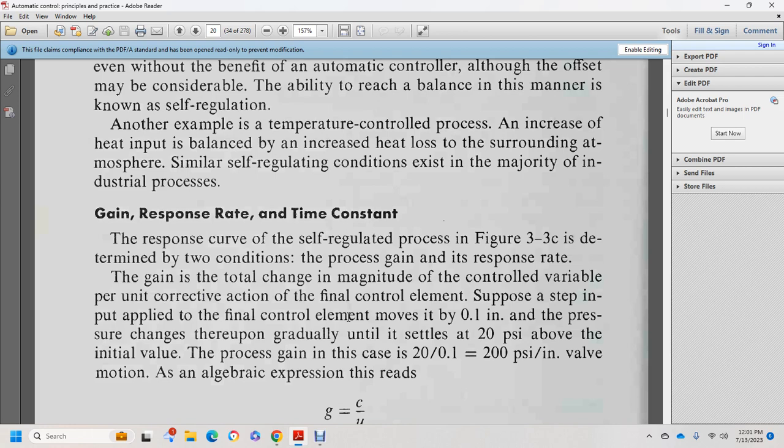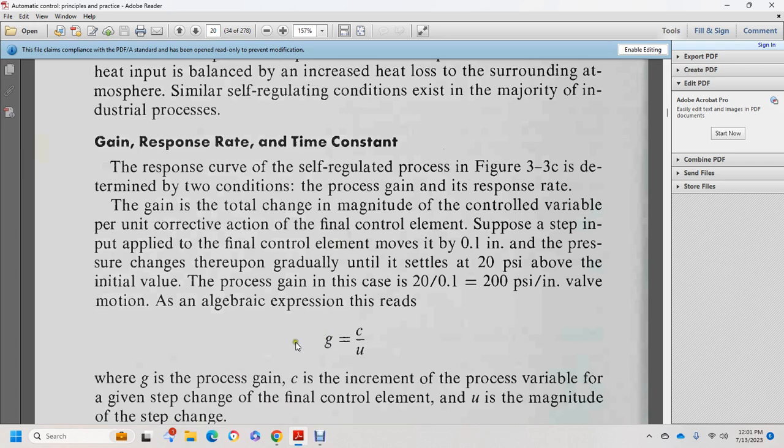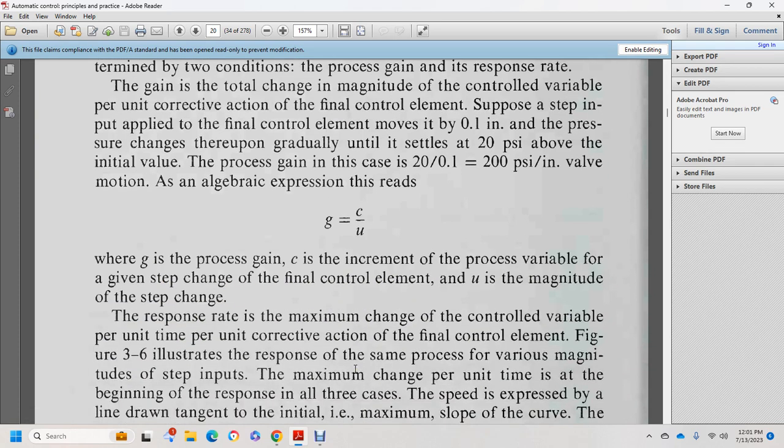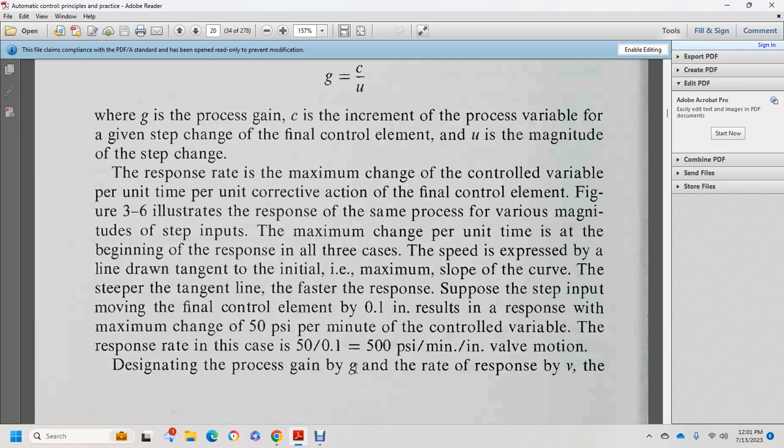The process gain is 20 over 0.1, or equal to 200 psi per inch of valve motion. The algebraic expression reads G is equal to c, where G is the process gain and c is the incremental process variable for a given step of the final control element, over the magnitude of the step change. The response rate is the maximum change in the control variable per unit of corrective action of the final control element.